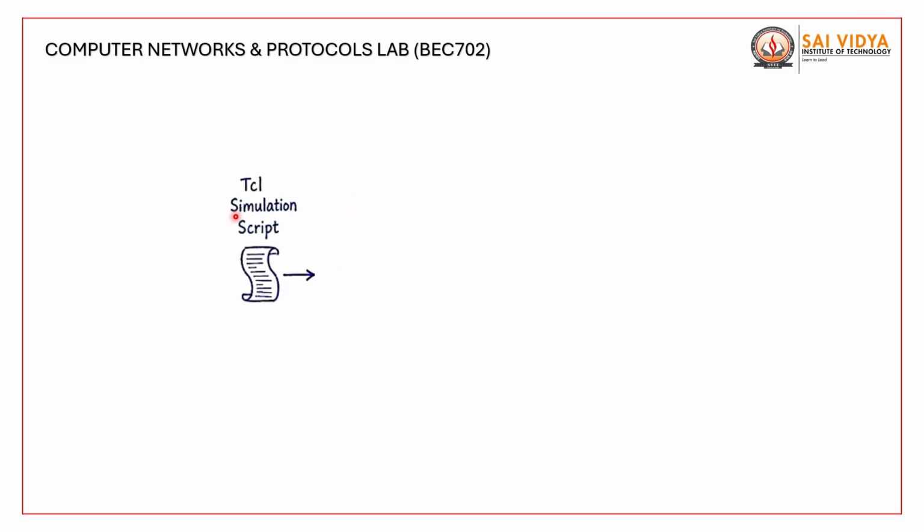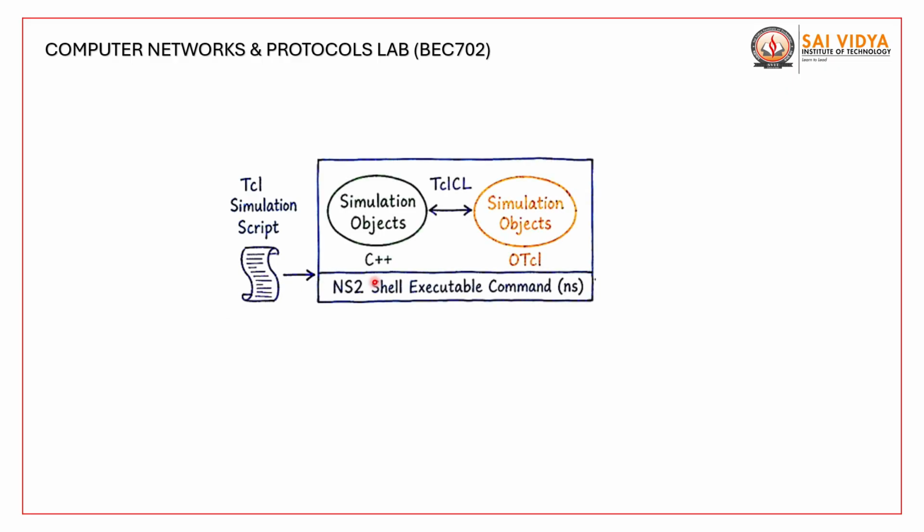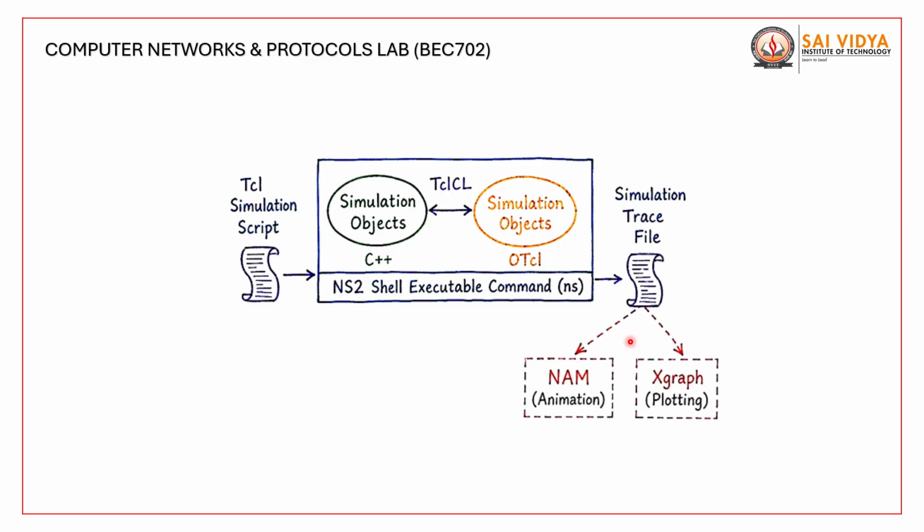Generally, a TCL script, that is nothing but tool command language, is written in order to simulate the computer network scenarios. So this script is simulated using NS2 environment, which generates trace file, which contains all the information about the packets originating from source reaching the destination, whether it is received or dropped, like that.